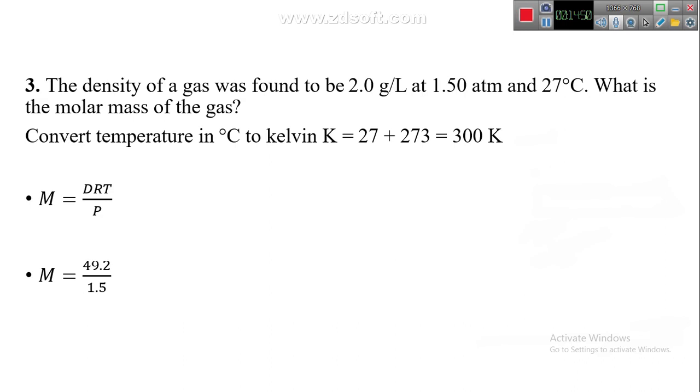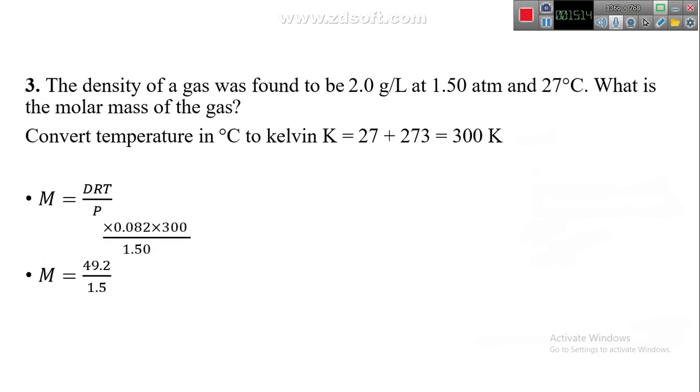How do we find the molar mass? Molar mass M is equal to dRT over P. Why do we use this relation? Because in the question the density d is given, we know the temperature in Kelvin, and P is given in the question.